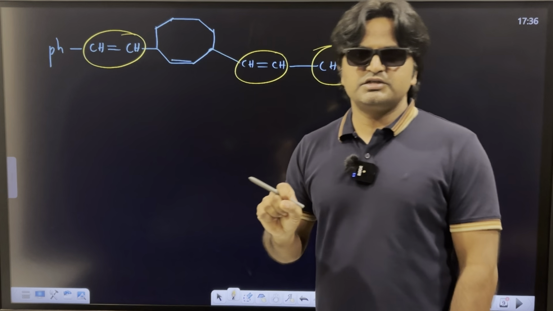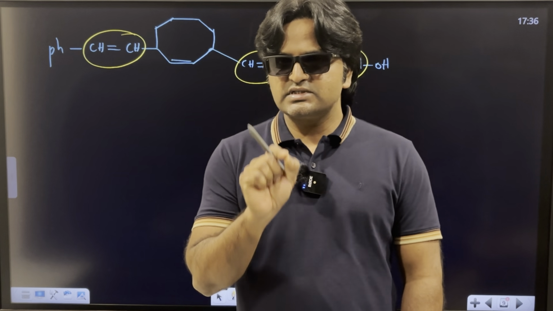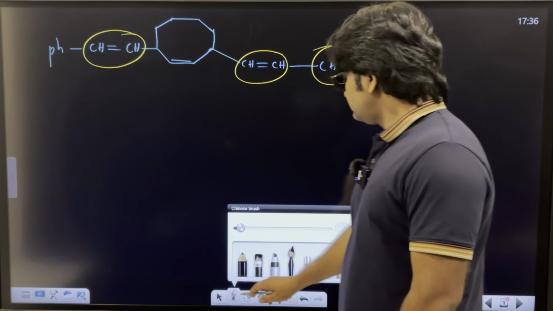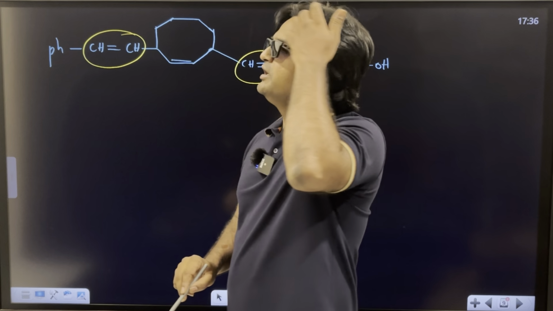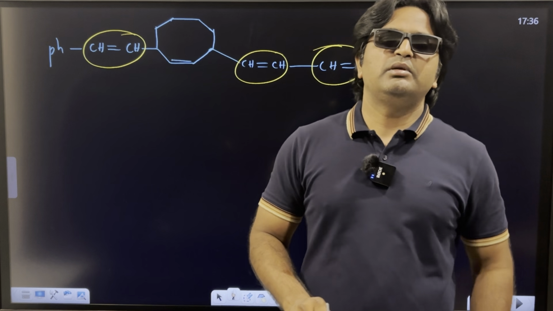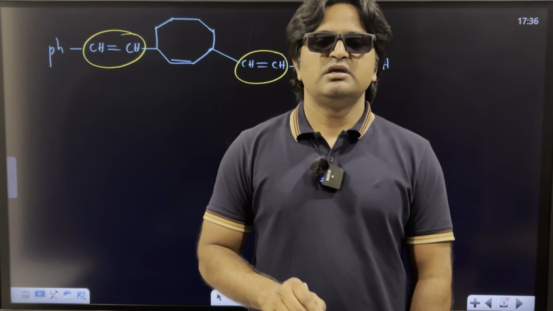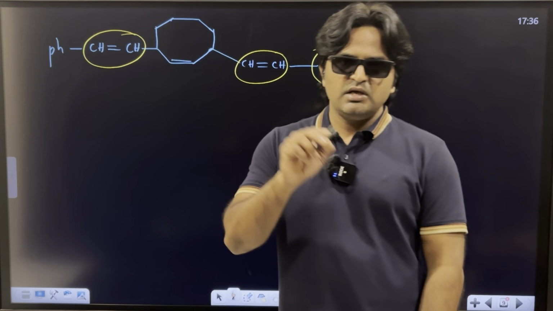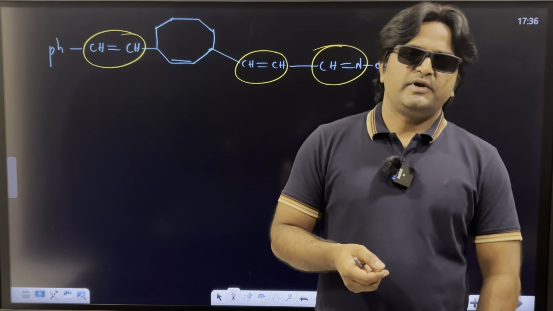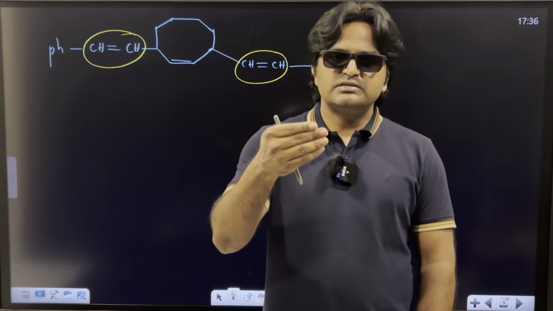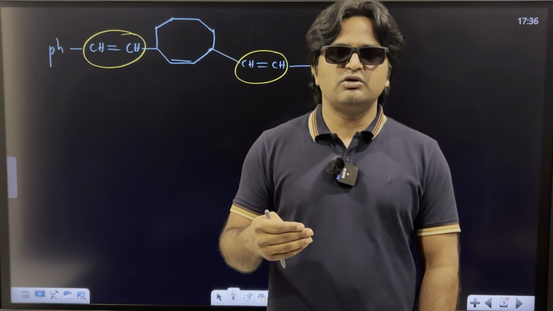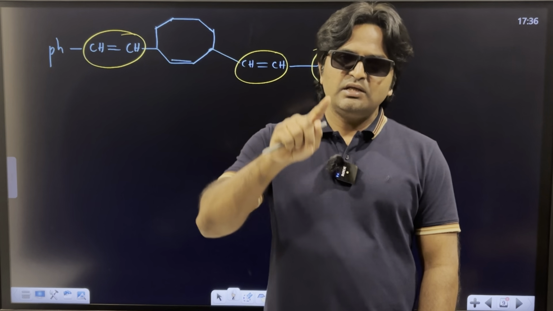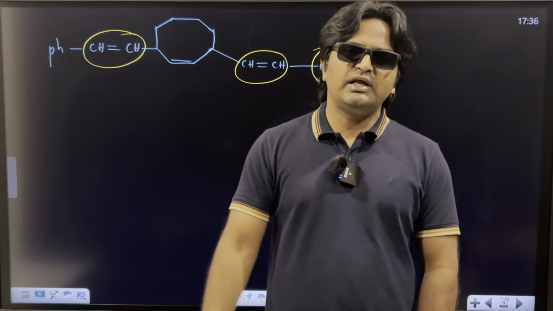And come to the ring system. Here selection of segments is very important. First point: if the double bond is part of the ring system, part of the 8-member ring system, cyclooctene, already we discussed in the previous lecture. In cyclooctene we have two isomers, cis-cyclooctene and trans-cyclooctene. If the double bond is part of the 8-member ring system, that double bond can show geometrical isomerism.